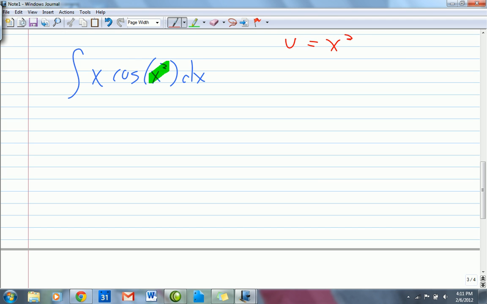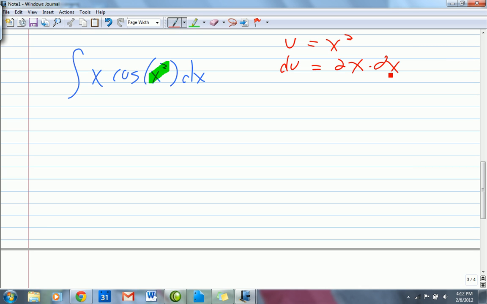Again, my goal is to take this messy integrand with x's and a dx in it and put it into a much nicer, more manageable form with a u, or maybe a couple u's, and a du. If I let u be x squared, watch what du, the derivative of u with respect to x, becomes: 2x. Which I can manipulate by multiplying both sides by dx.